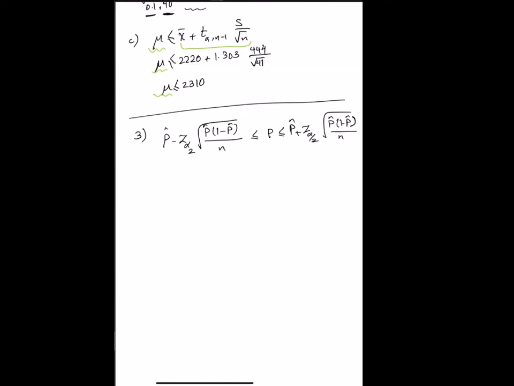And if we want to construct a one-sided confidence interval for a lower bound, and for the upper bound, we have those formulas too.